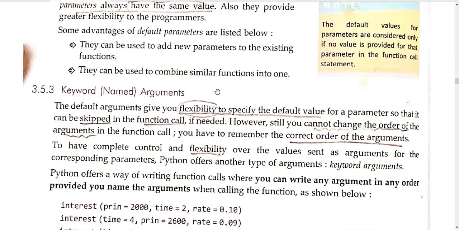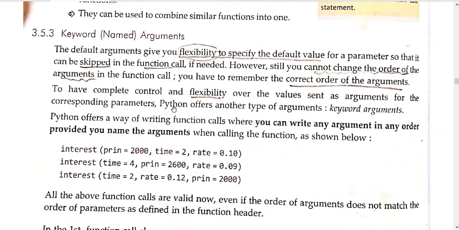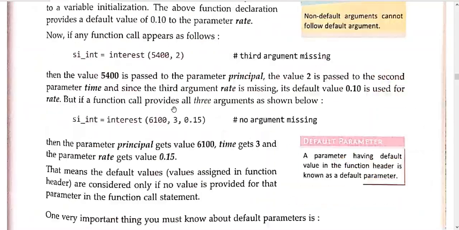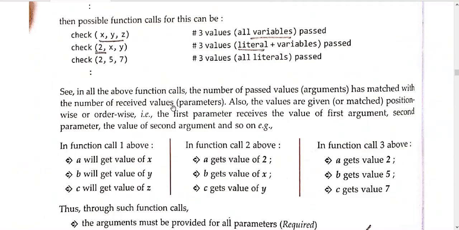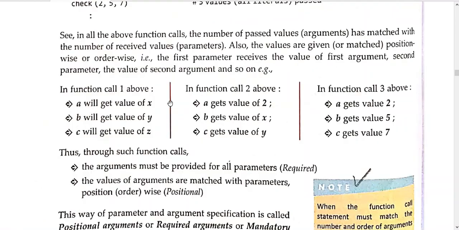Next, the third method for passing arguments is keyword arguments. The earlier method has a drawback: it must match the number and order of the arguments, and you cannot change the order.